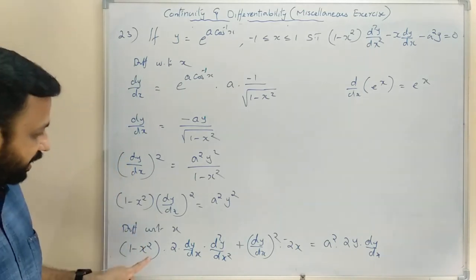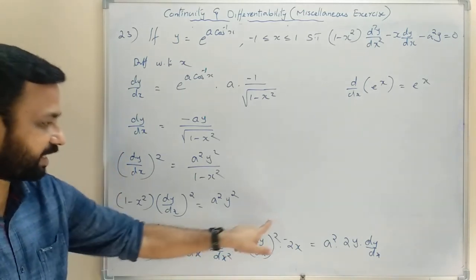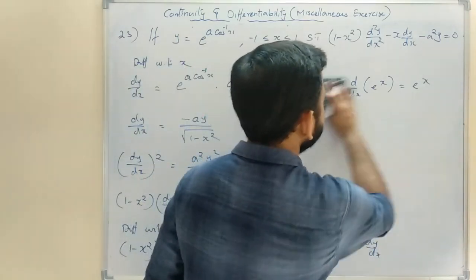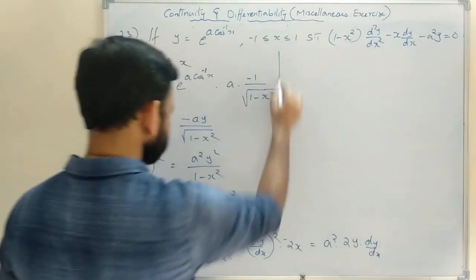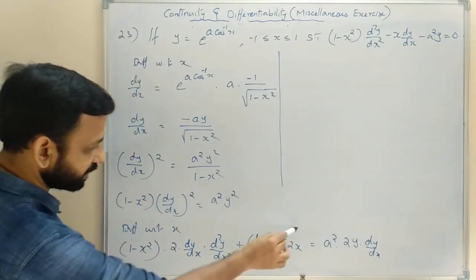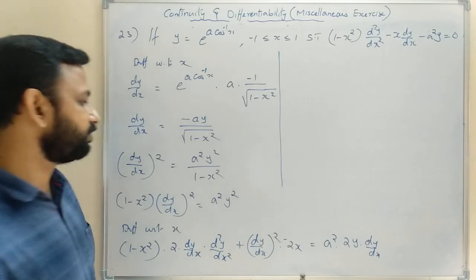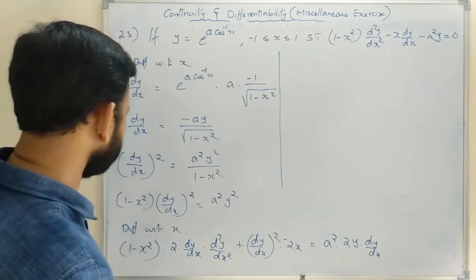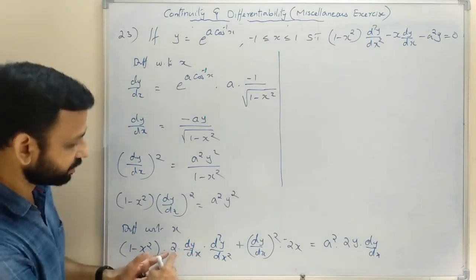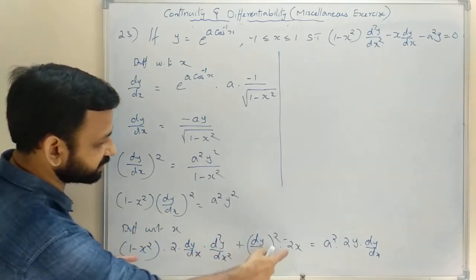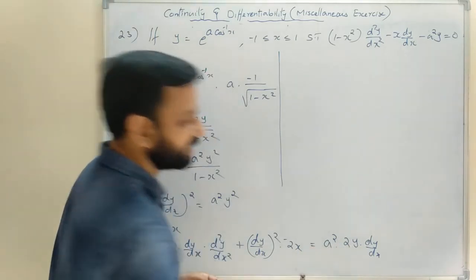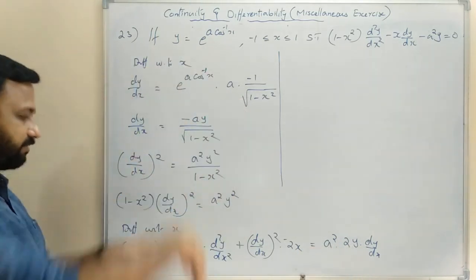So here everywhere we have dy by dx, so we can cancel dy by dx. Then we can also cancel 2. So we can take 2 dy by dx common from the LHS, and when we take it outside, it will be cancelled.